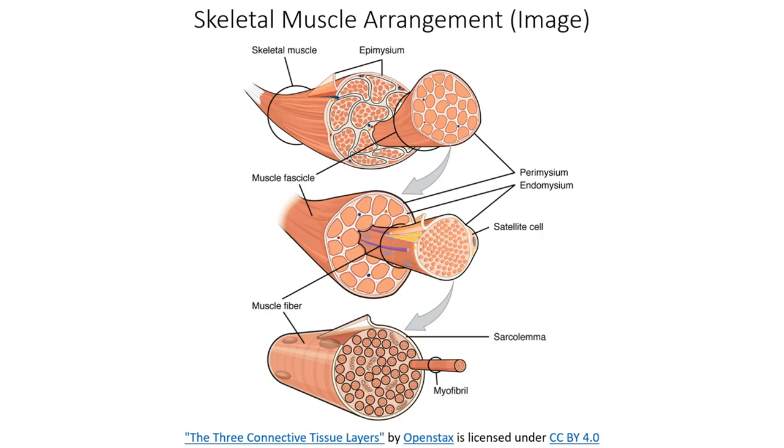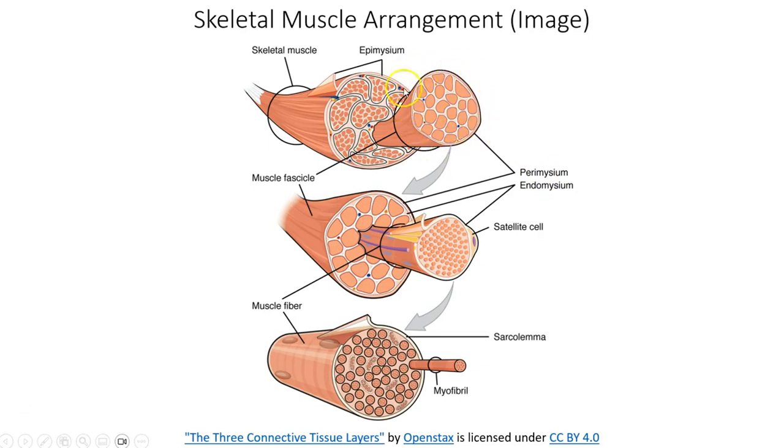So this is what some of those look like. Around all of these different bundles of muscle fibers is going to be that epimysium. This is what tendons are connecting to and are going to then link into bones for connecting muscles to bones, because that's what tendons do. That perimysium is going to surround those muscle fascicles or muscle fibers.